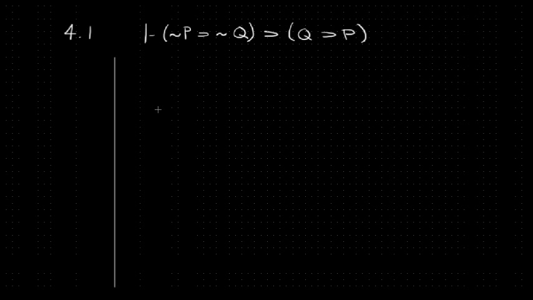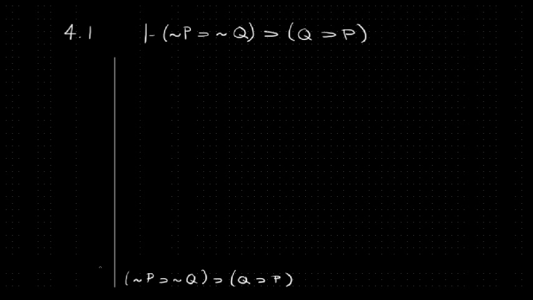I think that's the first thing that I'll do. So my main scope bar is going to go there, and I know that I'm ending up with that sentence, so I can write that in. If not P, then not Q, then Q, then P.